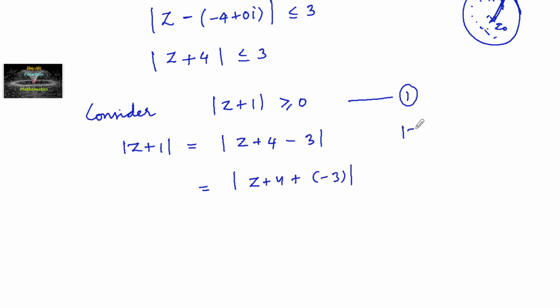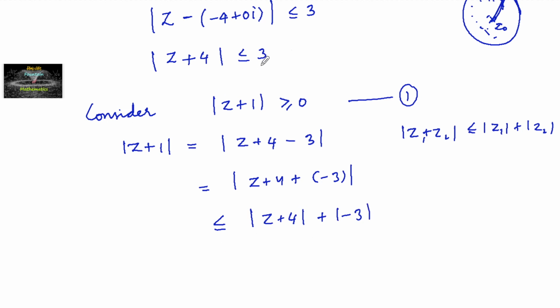And since we know the property mod of z1 plus z2 is always less than or equal to mod z1 plus mod z2, by using this we can write it as less than or equal to mod of z plus 4 plus mod of minus 3.